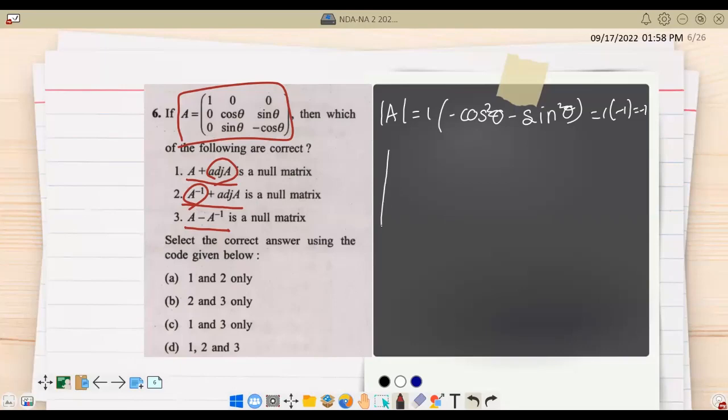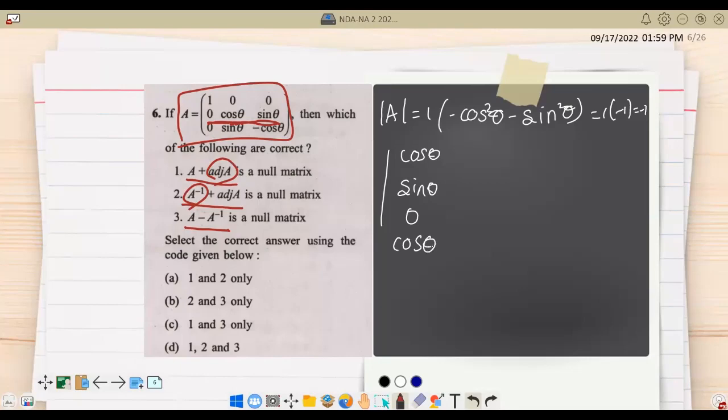So for finding the Aj, we'll have some technique. We have to start with the second row, second element, that is cos theta, and then we'll move to the next element, then come back to the first element, and then come back under the cos theta. Like this, we form 4 elements: cos theta, sin theta, 0, and then cos theta.